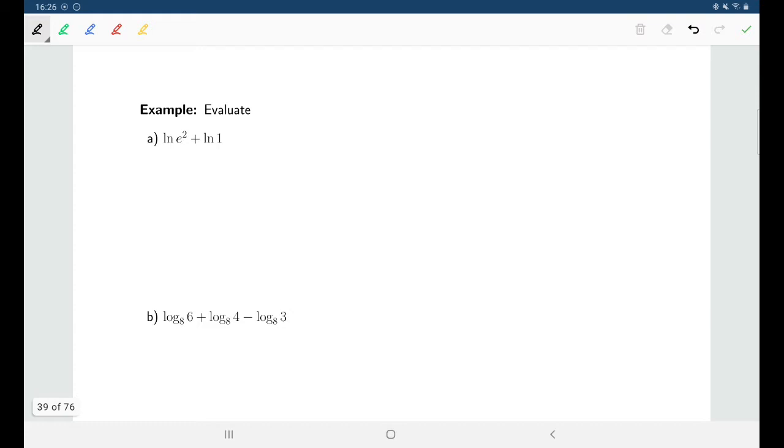So we'll do some calculating here, and this is evaluating without needing to use our calculator. I say here, evaluate. I just want to know the value of natural log of e squared plus natural log of 1. The first thing I can do is take that 2 out front. Natural log of e squared should be 2 times natural log of e.